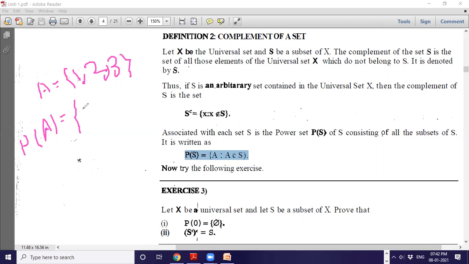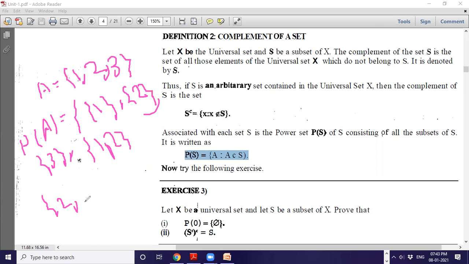So what will the subsets be here? See, we have {1}, {2}, {3}, {1, 2}, similarly {2, 3}, {3, 1}, and {1, 2, 3}.